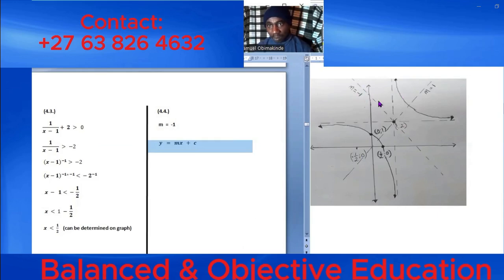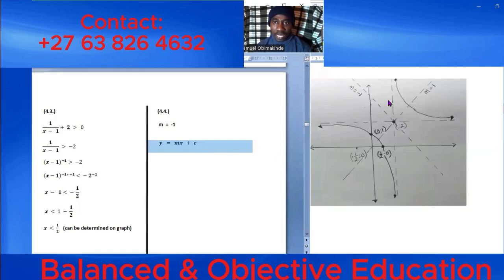We know that this broken line, this axis of symmetry, is a straight line, and the equation of a straight line is y equals mx plus c. Already we have our m, the gradient, which is -1, and our task now will be to calculate the value of c, the y-intercept.